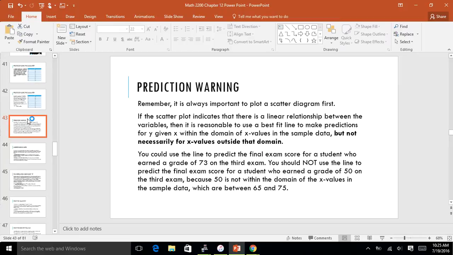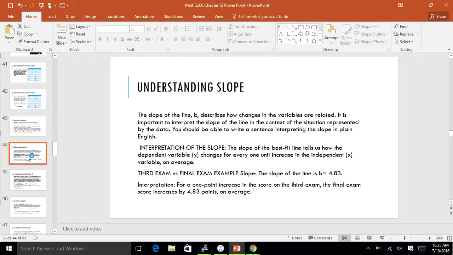So could I estimate a grade of 73? Absolutely. What I couldn't do was estimate a grade for 50, because 50 is not in that range; the sample data was between 65 and 75. People do this a lot. They use different values outside the range to predict stuff. Don't do that. Keep it as it is, and you should be fine when you stay within the range.